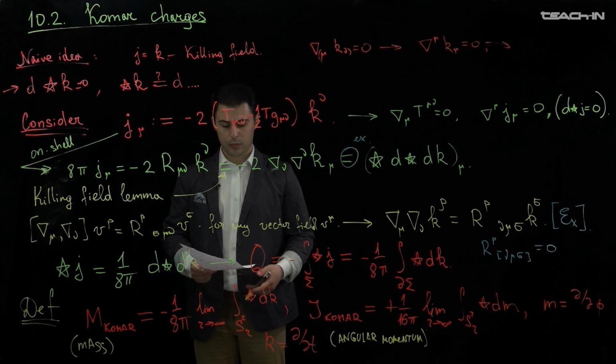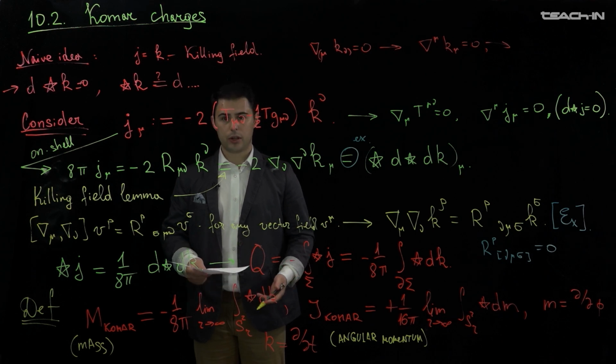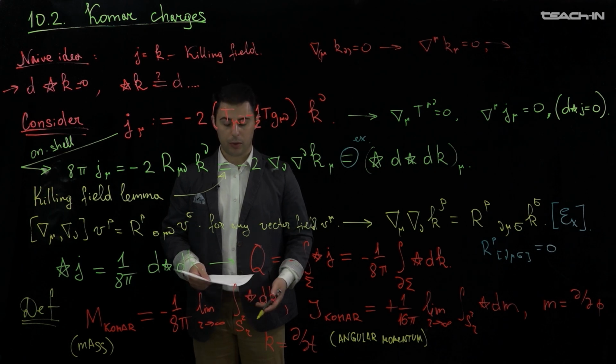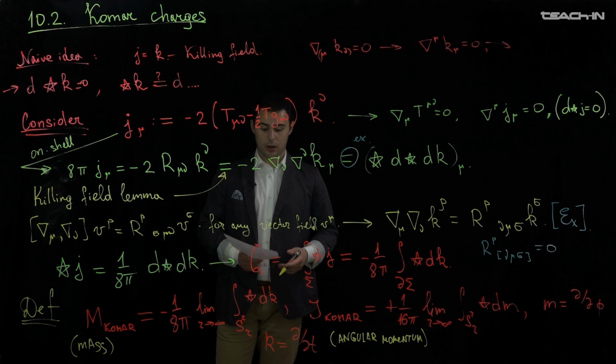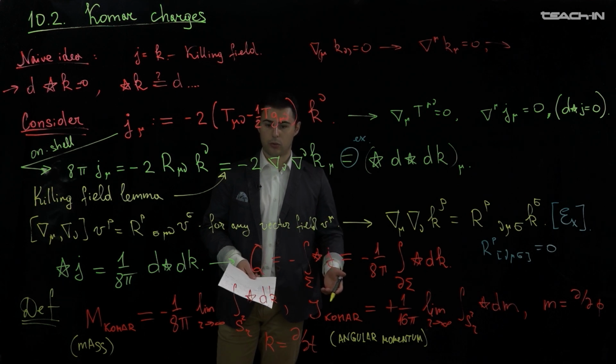Finally, in the non-asymptotically flat case, these integrals may be divergent. So we can renormalize them by subtracting the divergent parts.